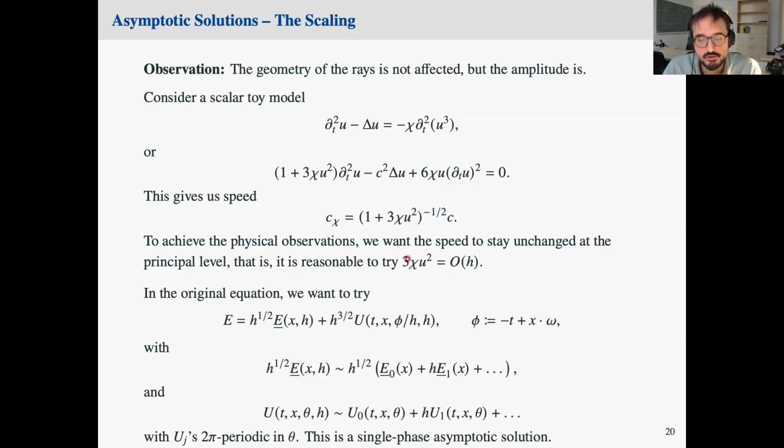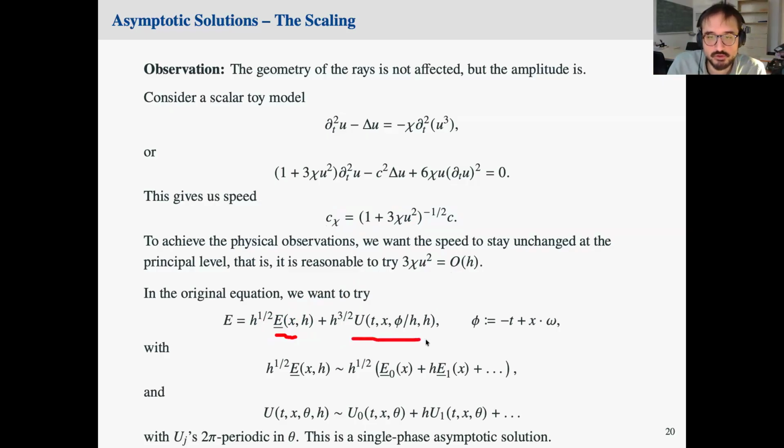And so that is telling you that you want essentially the strong field to be O(h^{1/2}) if E squared is O(h). And so for the original equation, you can try to set the initial wave to be h^{1/2}, and then the second one should be weaker than that, so h^{3/2}. But the thing is that each one of these terms has its own expansion in h.